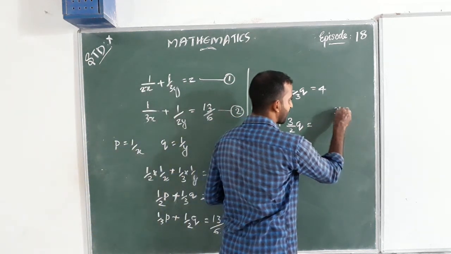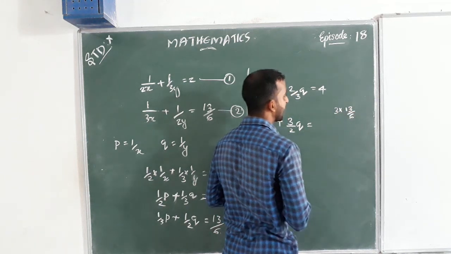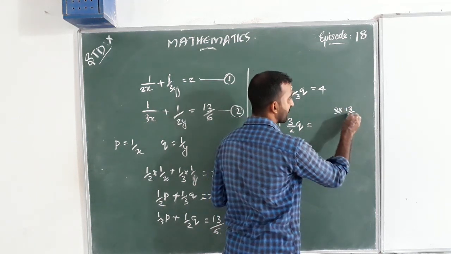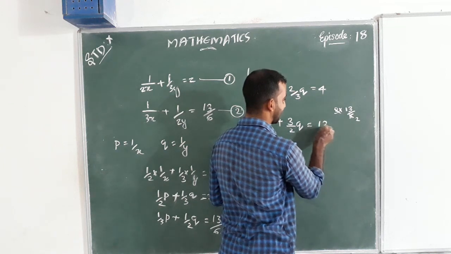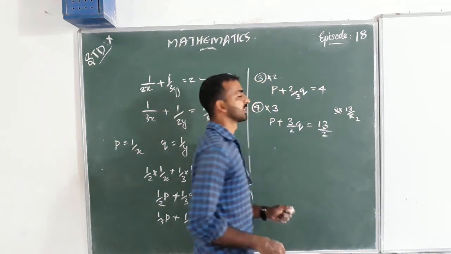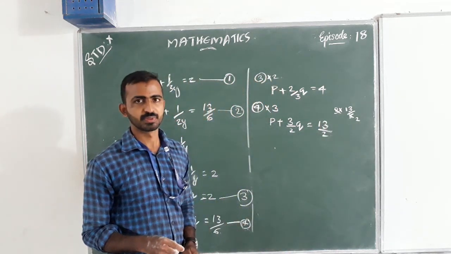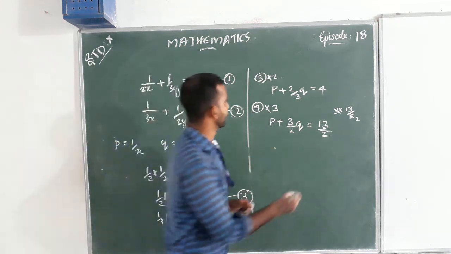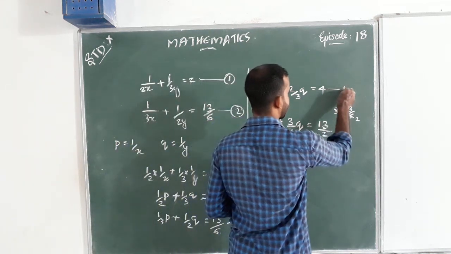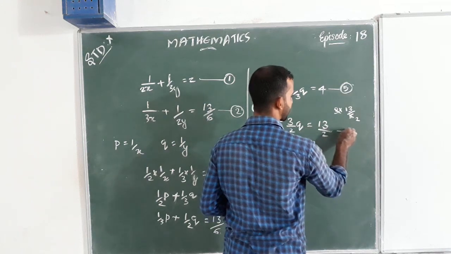When we simplify, we get 13 by 2. Here we get equation number 5 and equation number 6.